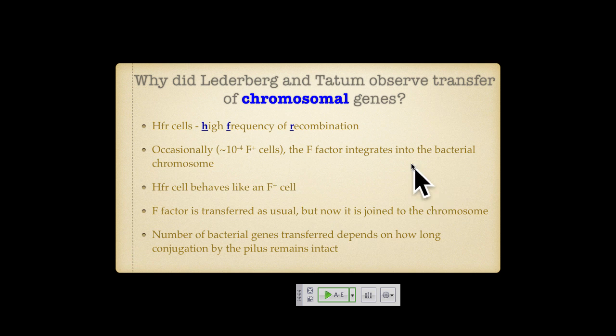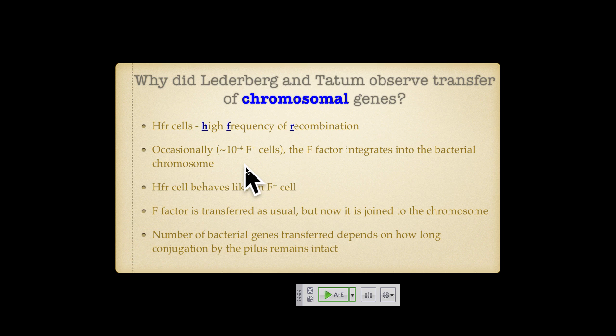So what Lederberg and Tatum were looking at, they didn't realize it at first, was that the F factor is an episome. So what they were working with is what was called an HFR strain. It gets its name from high frequency of recombination. All that means is occasionally, about 1 in 10,000 cells that are F plus, that episome integrates into the chromosome, and it's now just part of the main chromosome.